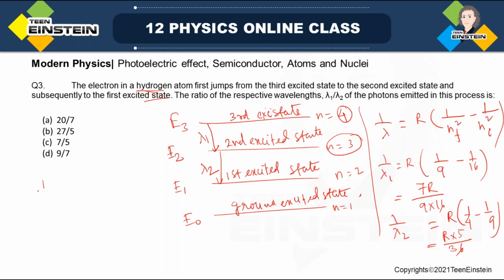So 1 over lambda 1 is 7R divided by this, it will go up.